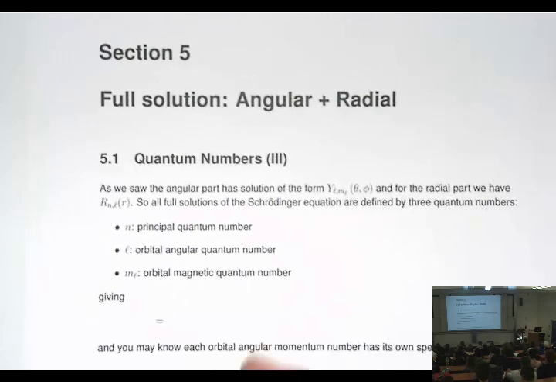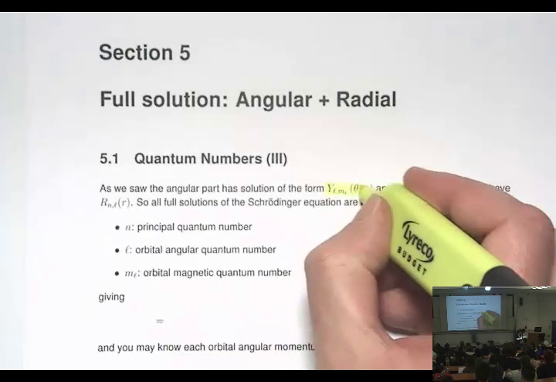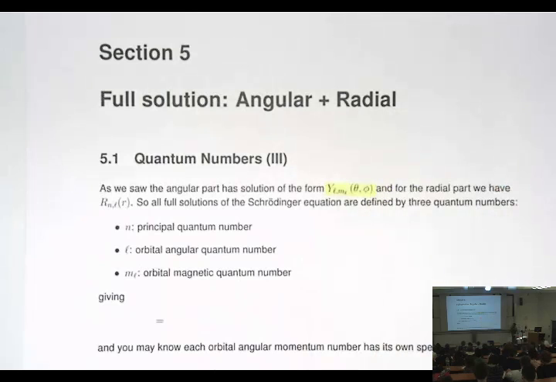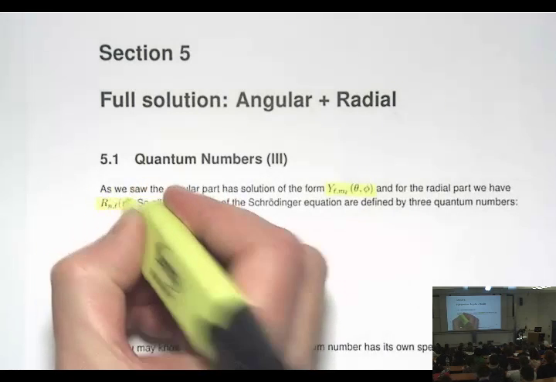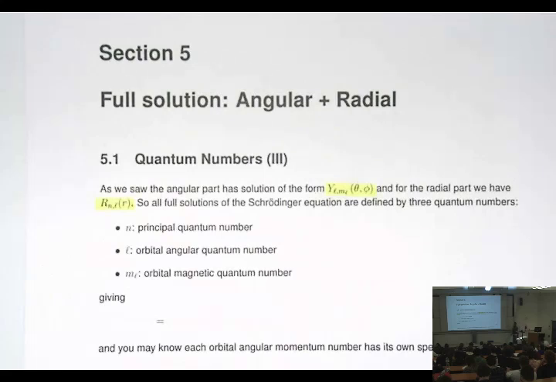So we have the angular part, which we wrote down as a function with quantum numbers L and m sub L. Those are the 2 things you need to know to pick out which eigenfunction you were going to use. And for the radial part, you've got a radial wave function that depends on n and L. So L was in there, and we've introduced this new quantum number n. It's an old one that we've seen before, but anyway.